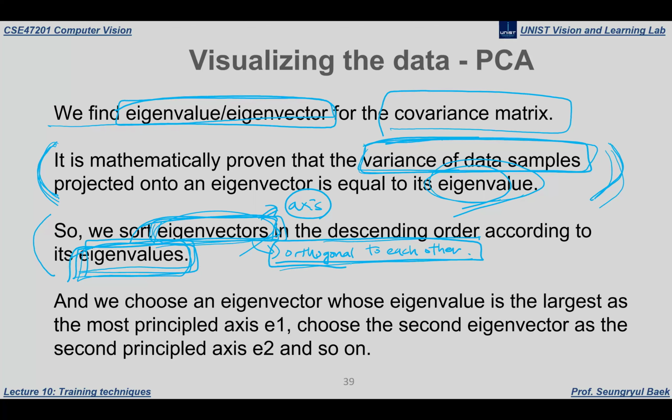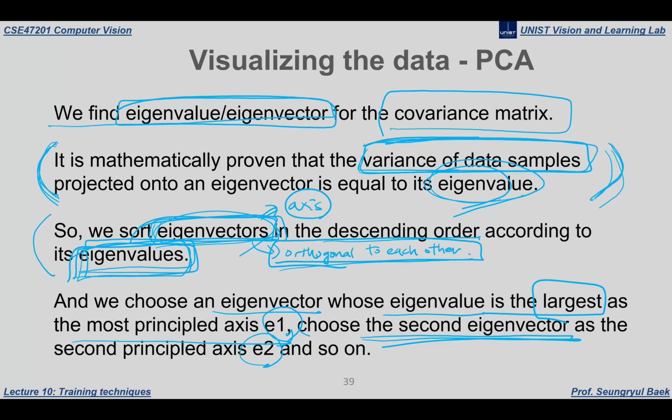If we select the eigenvector whose eigenvalue is the largest, we call that the first axis. For the second axis, we choose the second eigenvector, the new axis having the next largest variance. At the same time, E2 is orthogonal to E1 because we did eigenvalue decomposition.